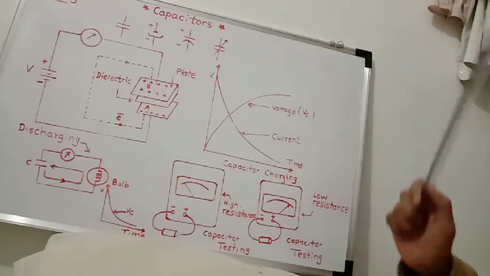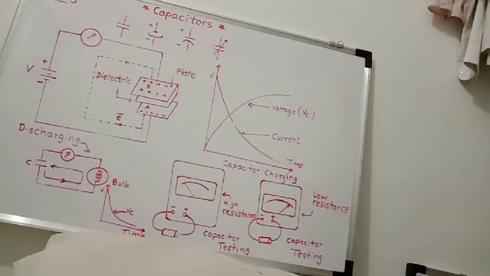It stores electrical energy by charging, and it releases that electrical energy by discharging. So this component has a specific capacity for storing electrical charge across it, and hence it is called a capacitor.